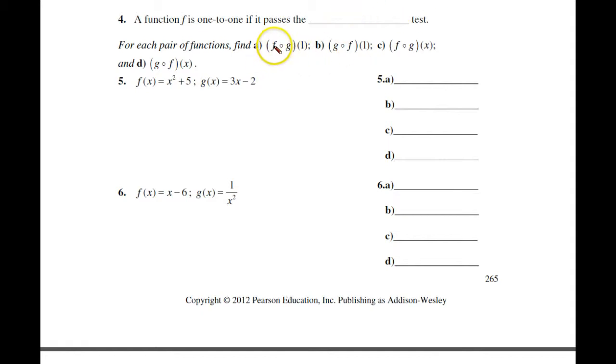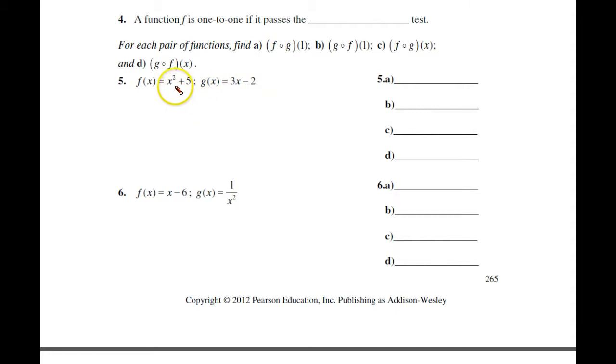We're going to deal with the function f as it is composed with g. And our value for our function here would be 1. And then here we're reversing them, 1. Then again, reversing them, but we're going to use the letter x.